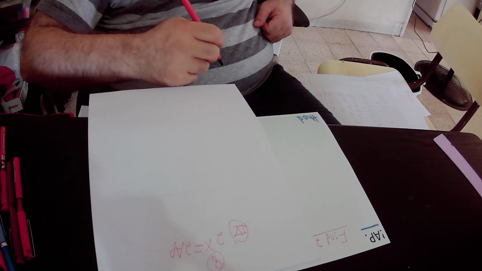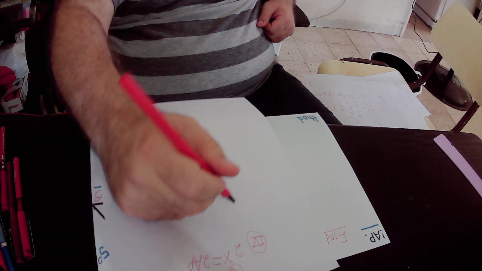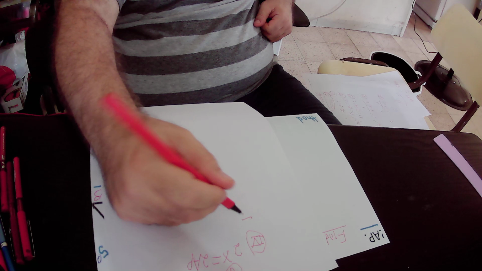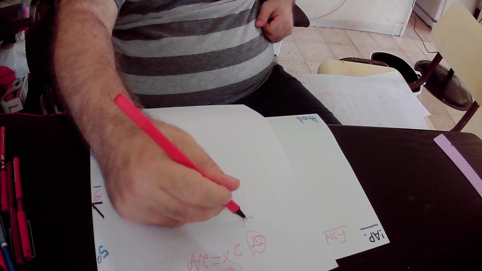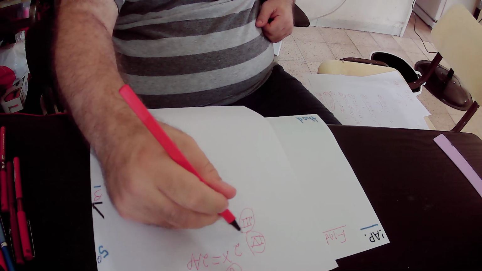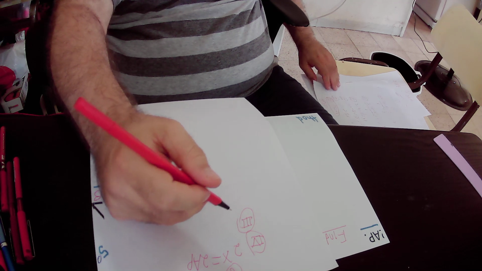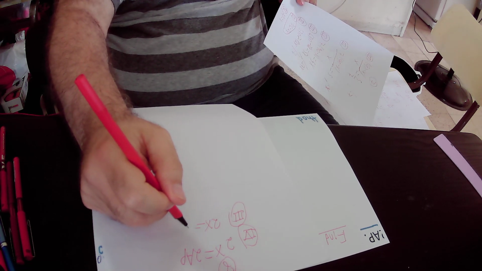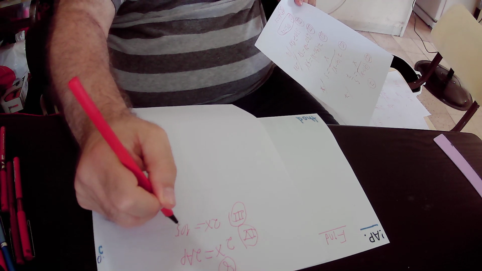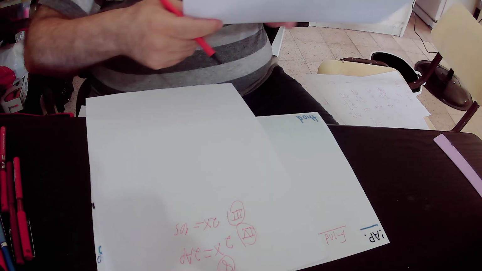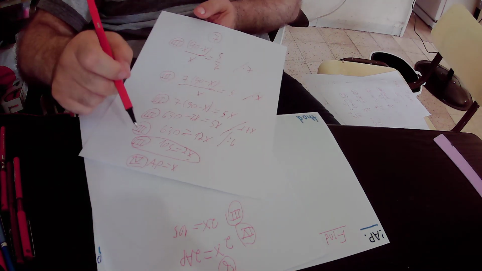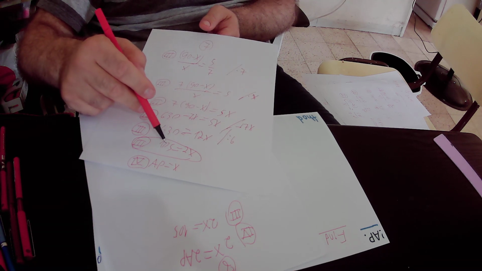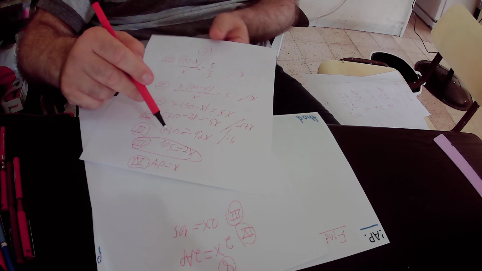Okay, very simple. And we have from the third equation that 2 times x equals 105 units. This is the third equation.